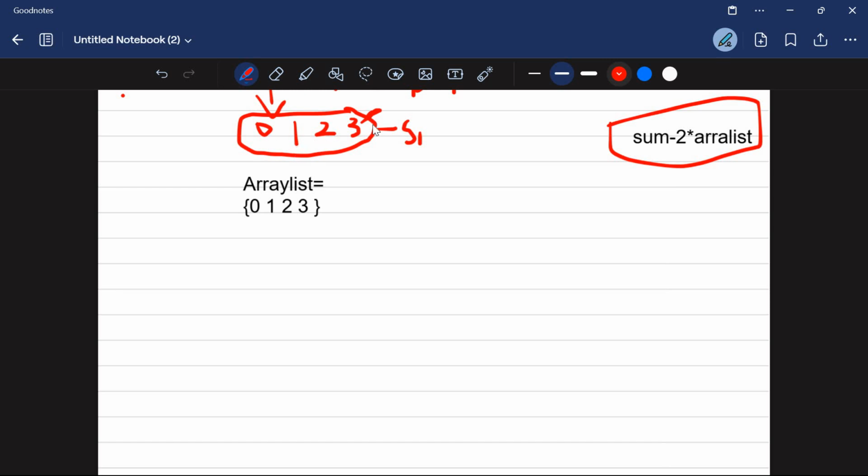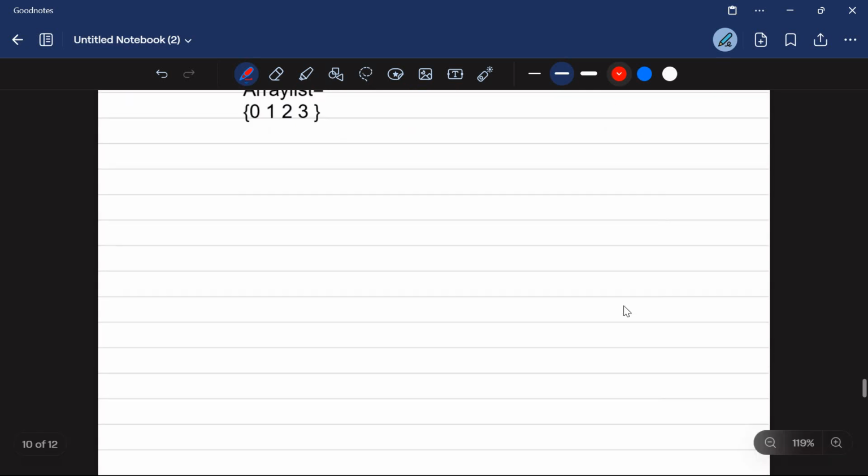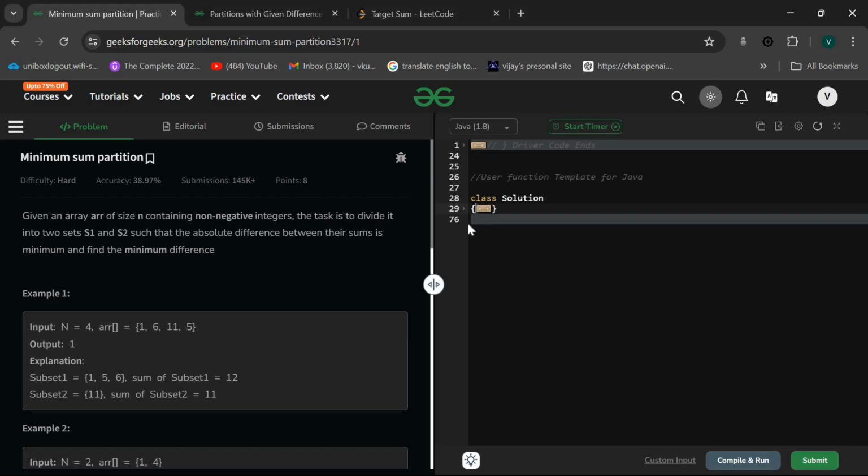We have 0, 1, 2, 3 stored in this array list. Firstly I will take S1 as 0, after that S1 as 1, then S1 as 2, then S1 as 3. So simple minus. I will consider only the minimum value. I hope you understand. Let's see the code.